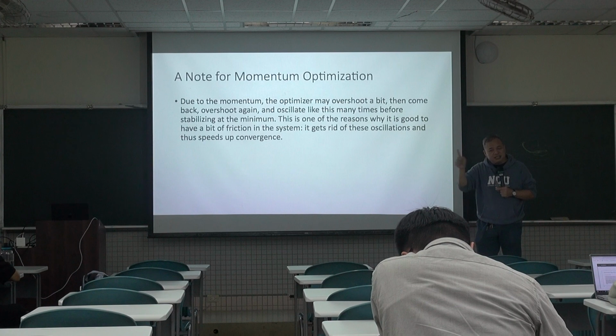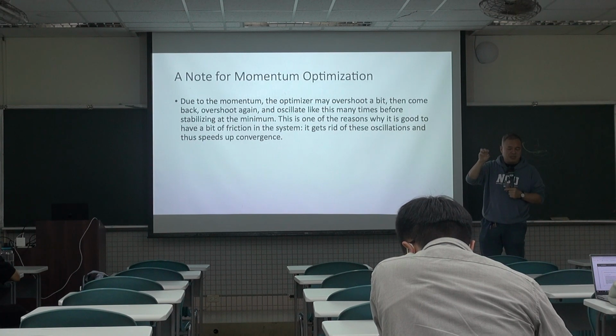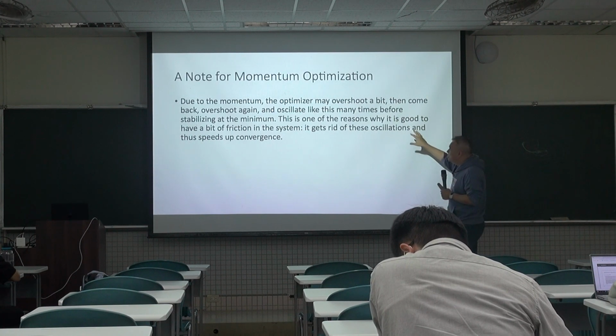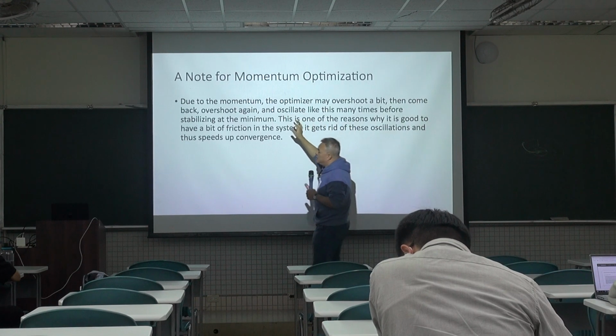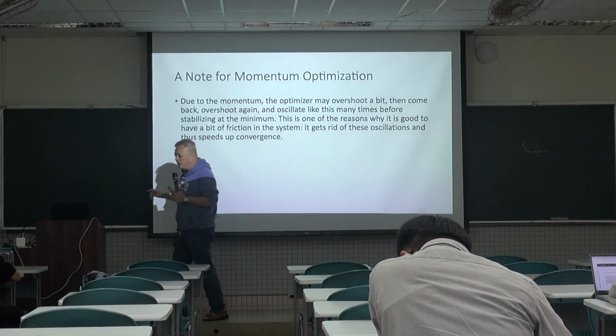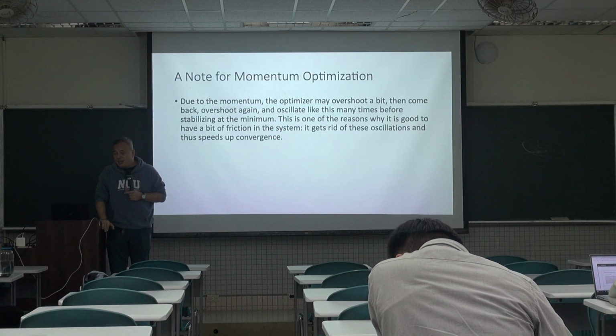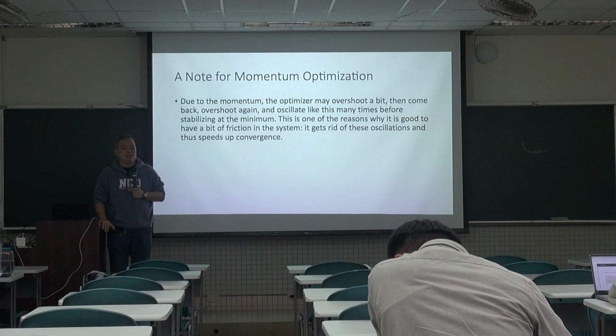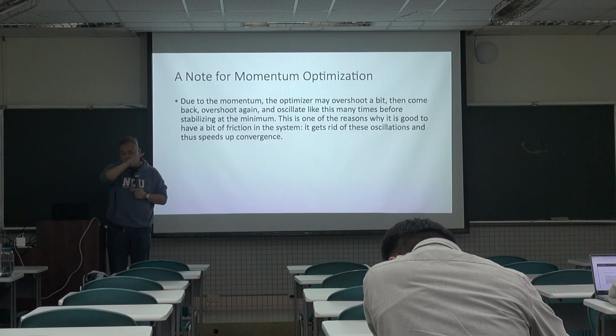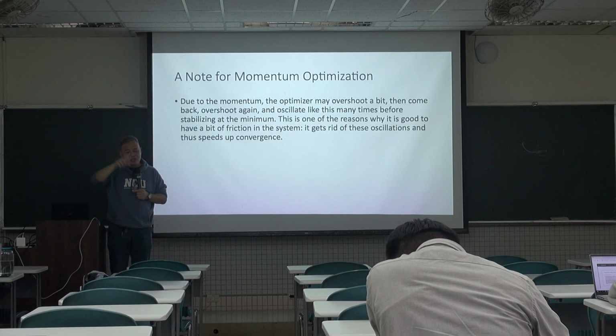However, remember in the momentum optimization we have the friction. Having that friction helps us eventually stabilize to the optimal location, because the learning rate is fixed, so it would fluctuate all the time.